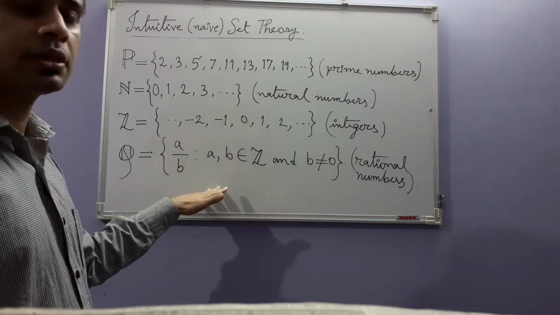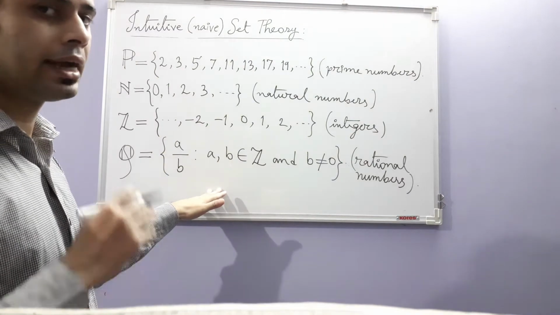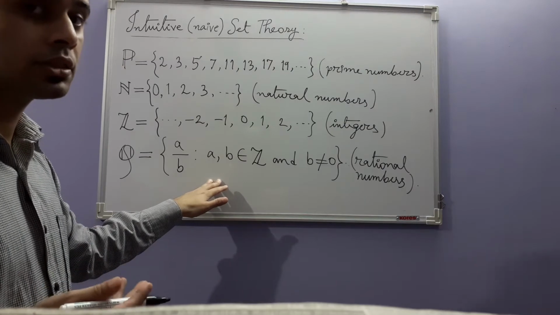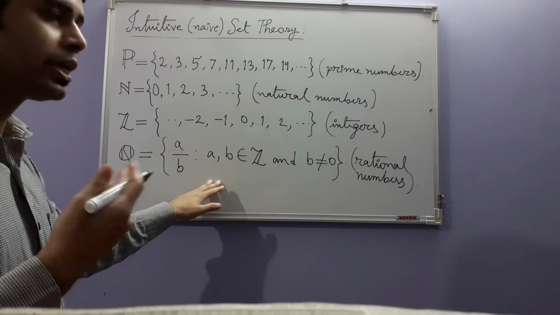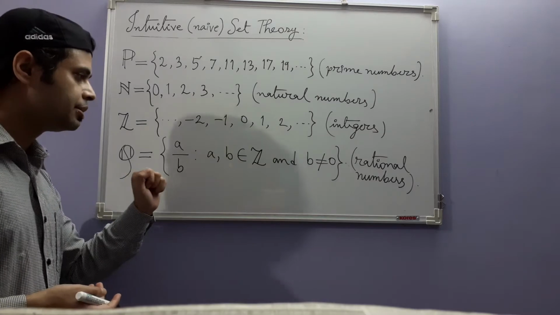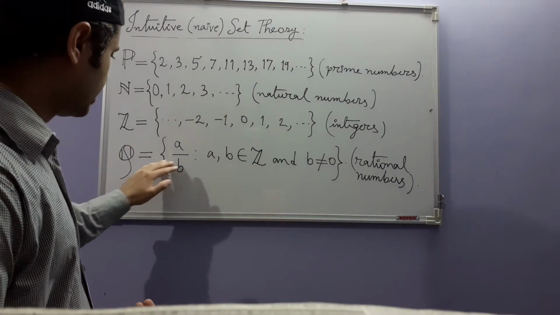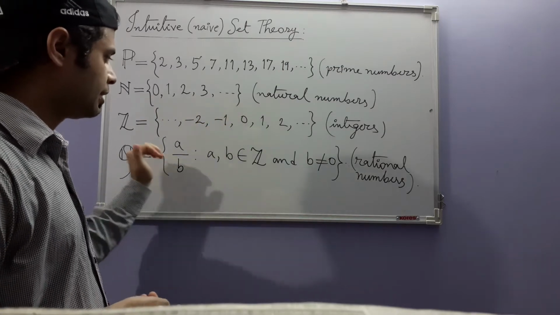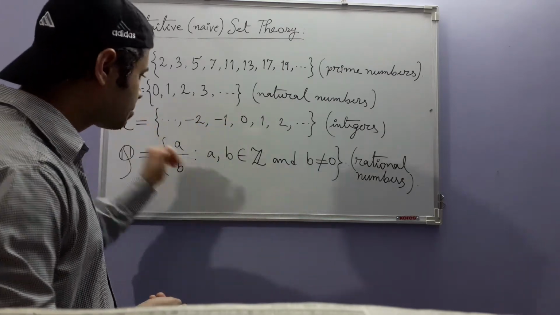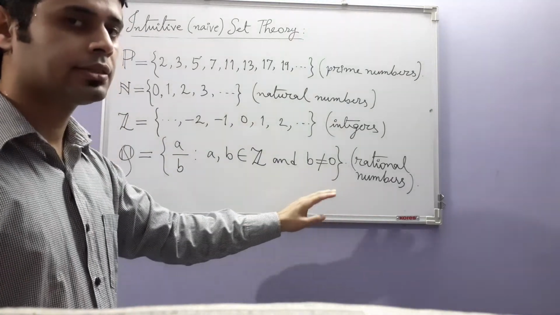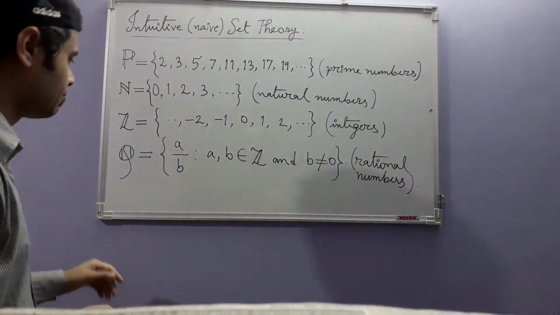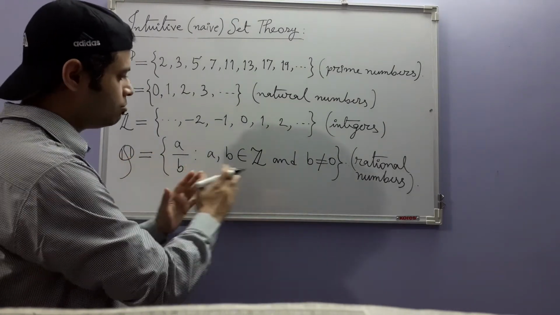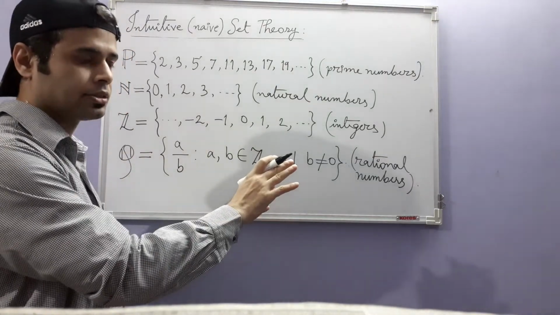Now that result, however, is somewhat higher level, and we will understand that only when we get the concept of functions and one-to-one correspondence. So that will come later, and then we will see that the elements of Q can also be written like this. However, it's not immediate what pattern that will follow. That is a different matter. It is somewhat advanced, and for the time being, we assume that Q will always be written like this.